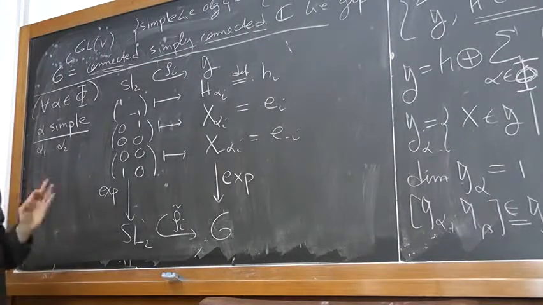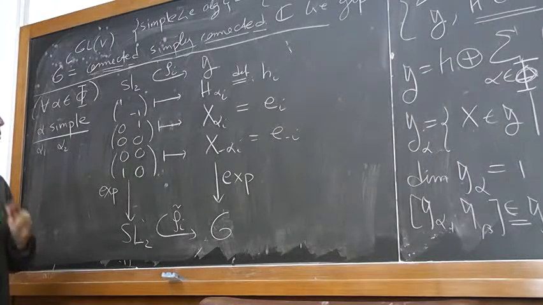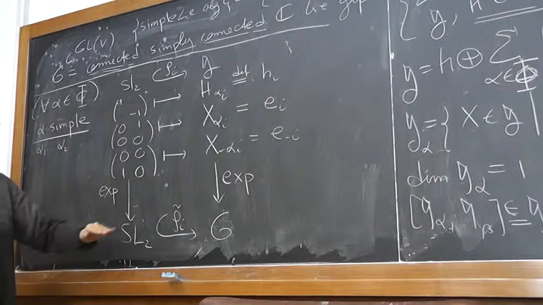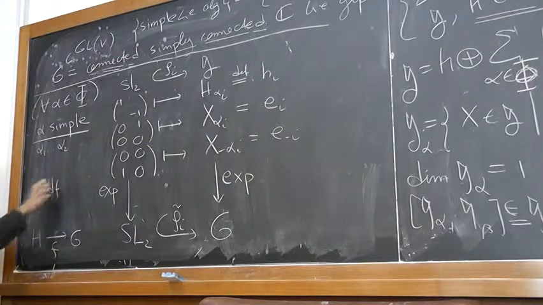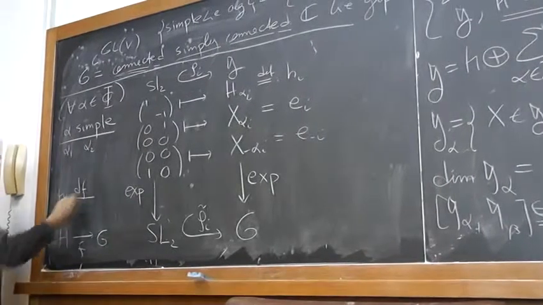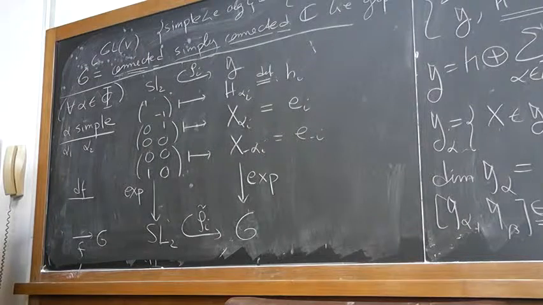Let me just say something, okay? There are two issues here. First of all, if you start with a morphism of groups, you take its differential, you obtain a morphism. H is not the Cartan, let's say something different, say G prime.